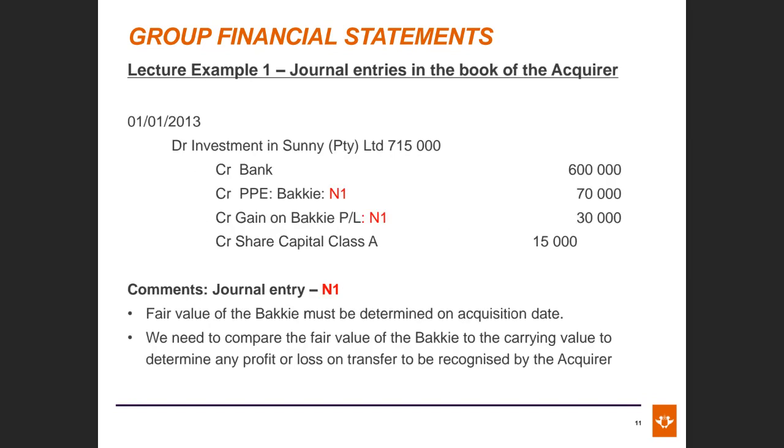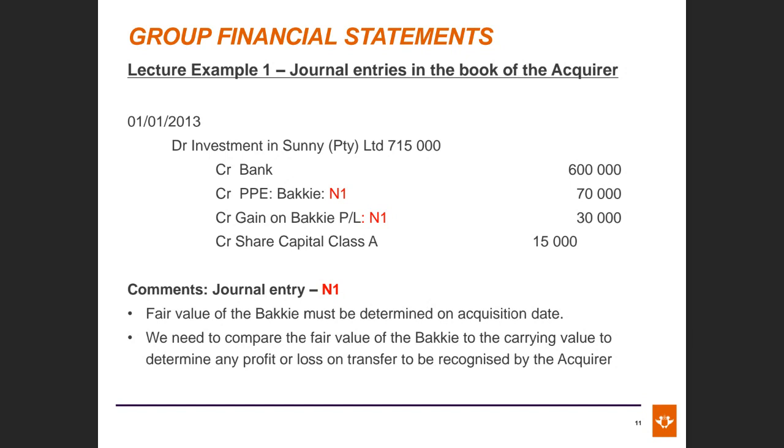Okay. So now that we've had a look at how to calculate the total consideration paid, we need to also have a look at the journal entries in the books of the acquirer. So we are looking here at the records of the parent company being Pops. We are not looking at the consolidated financial statements yet. So this is in the books of the acquirer being Pops.